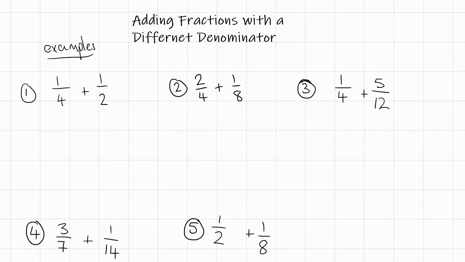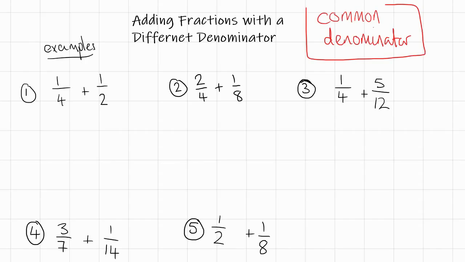So from the first video you'll see that you need to be really good at your lowest common multiples for this. That is because we need something called a common denominator. And denominator is the bottom number on a fraction.